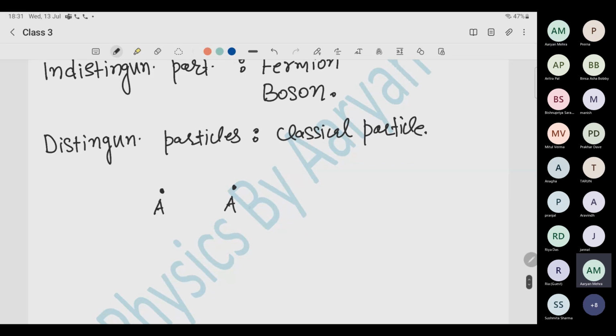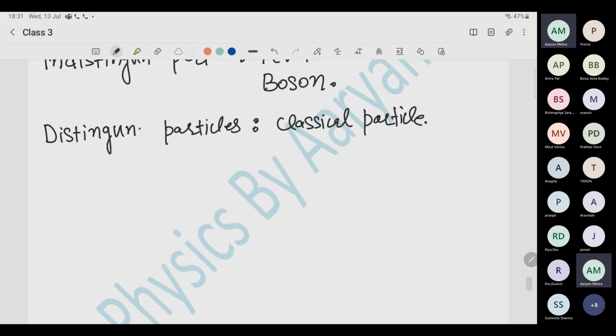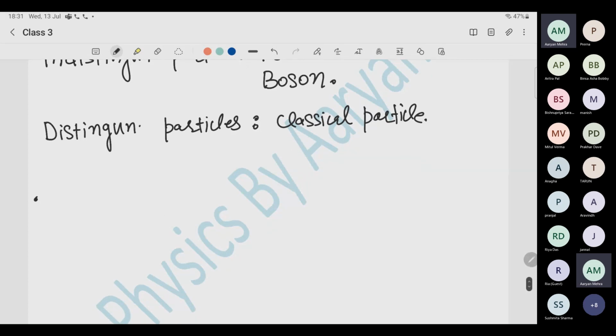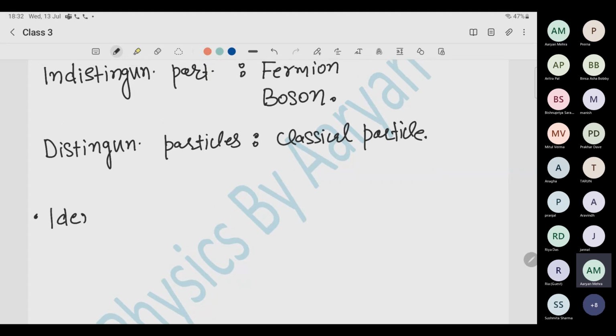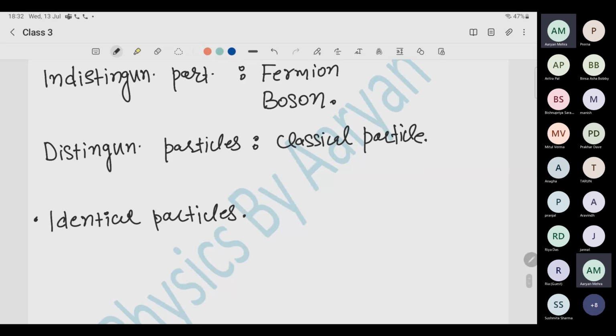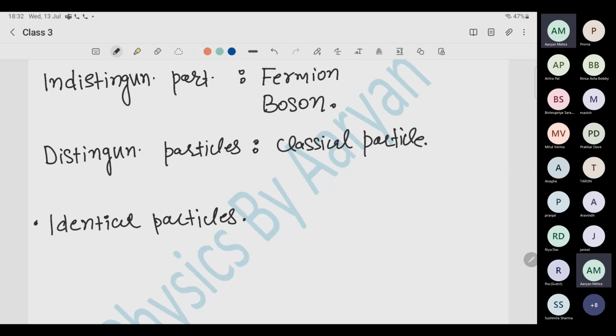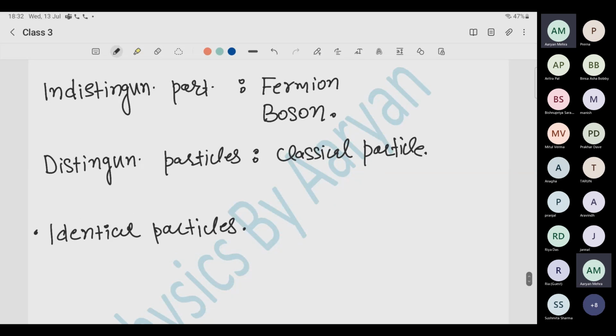Now there is one more confusion which comes, and this confusion has caused a lot of disasters in exams. Sometimes they say identical particles. Usually these kinds of questions are easy, and after a while you obtain a very good command of them. So when a student in the exam reads identical particles, he or she gets happy and thinks it is indistinguishable particles.